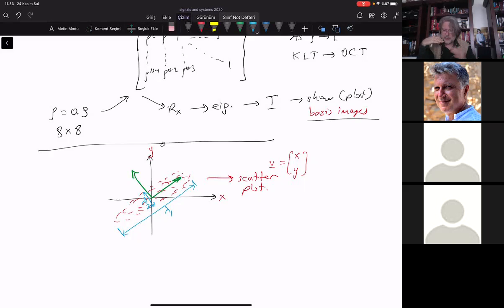Anything orthogonal to that would be the minor axis in 2 dimensions. By the way, the amount of error that you make by eliminating the second axis would be equal to lambda 2. That's the thickness that you eliminate, therefore that's the error that you make.